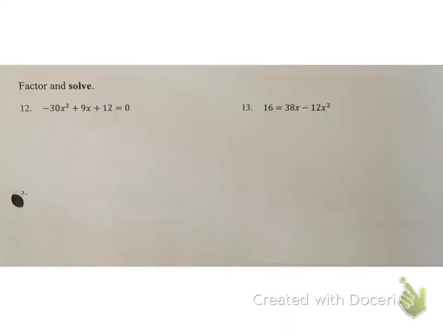Okay, number 12. This one I want us to factor and solve. Solving means I set them equal to 0. So if we look at the first one, I look to see if there is something I can pull out, a greatest common factor.